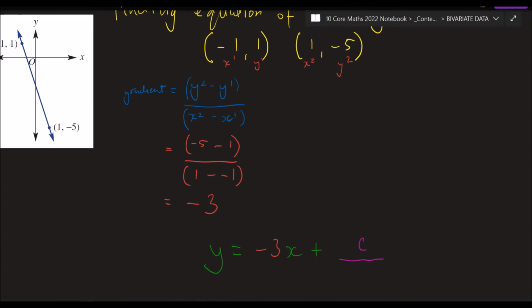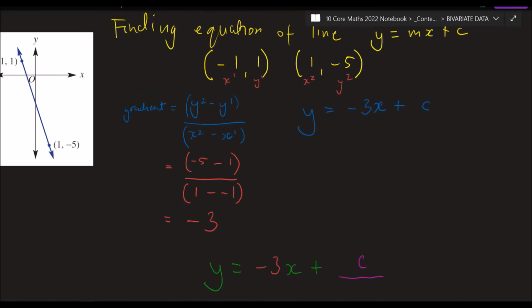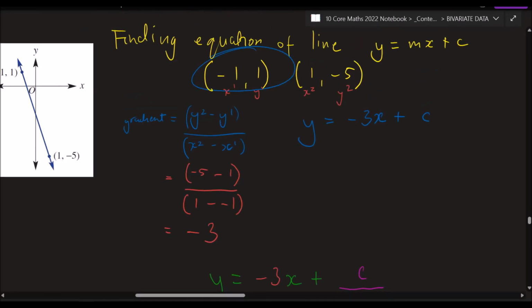So far, let's rewrite the formula. This is what we have so far. Now we're going to look for the y-intercept. Remember what we did last time: we just pick one of these coordinates and change x and y in there.